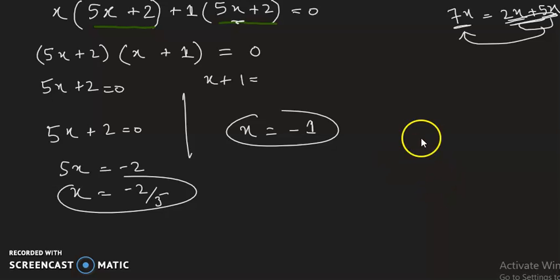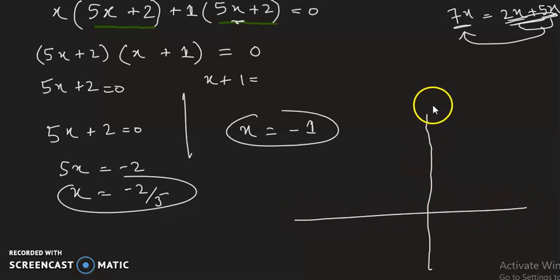Now let's look at what it means graphically. This is the y-axis, which is our function f(x), and this is the x-axis. We will plot these two points. If negative 1 is here, then negative 2 over 5 is somewhere here.